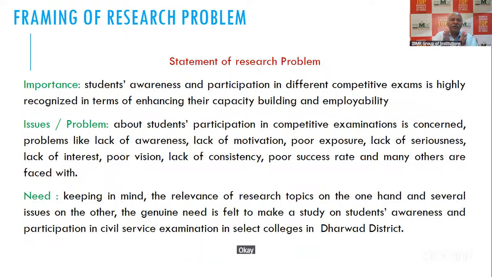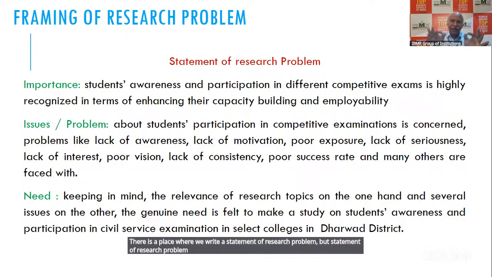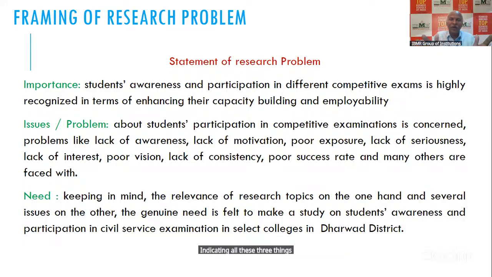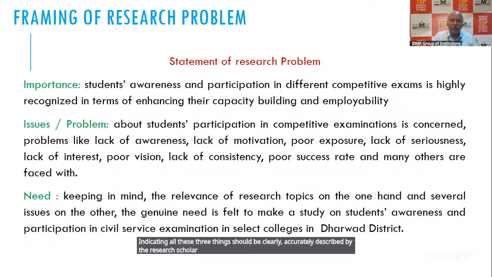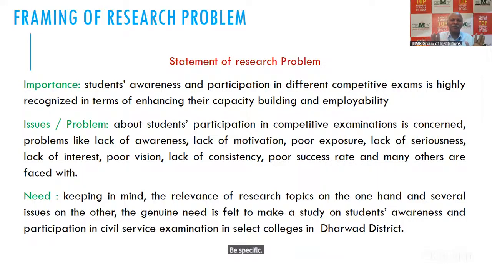Wherever you write a statement of problem, even in a research proposal, it should indicate all these three things, clearly and accurately described by the research scholar. We need not bring anything else here. We need not increase the quantity. Be specific. By reading this, people should clearly understand what he or she intends to do.